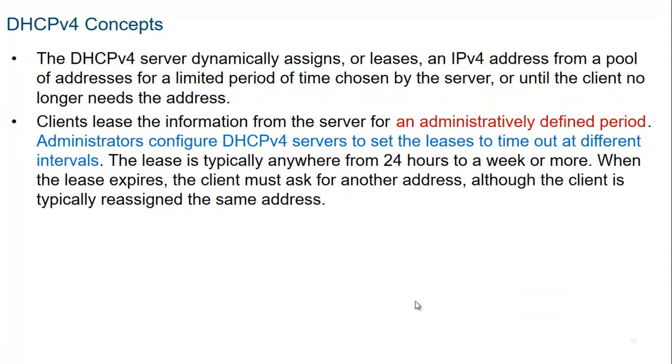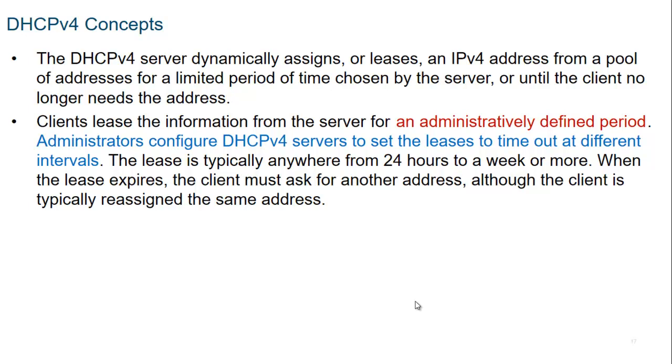The DHCP version 4 server dynamically assigns or leases an IP version 4 address from a pool of addresses for a limited period of time chosen by the server or until the client no longer needs the address. Clients lease the information from the server for an administratively defined period.